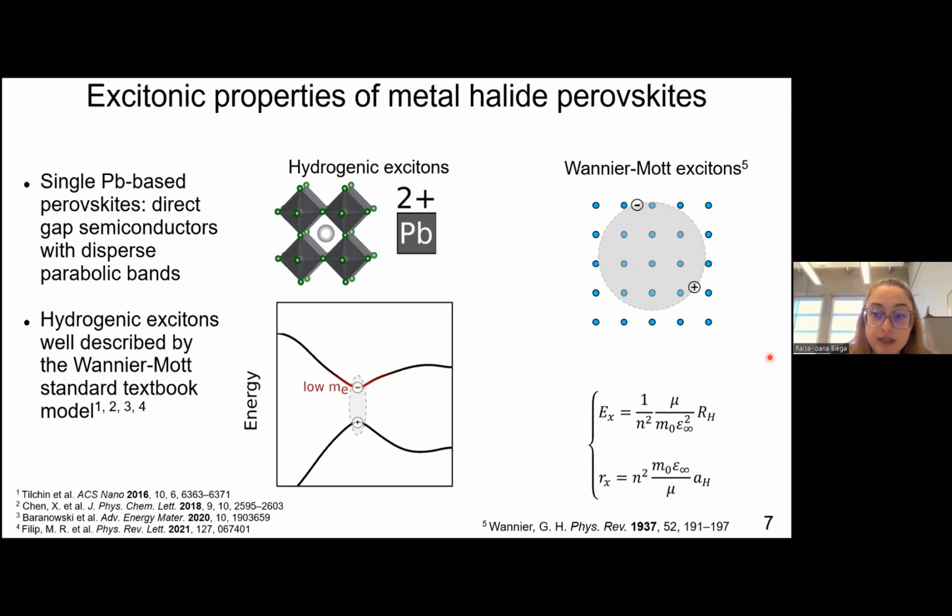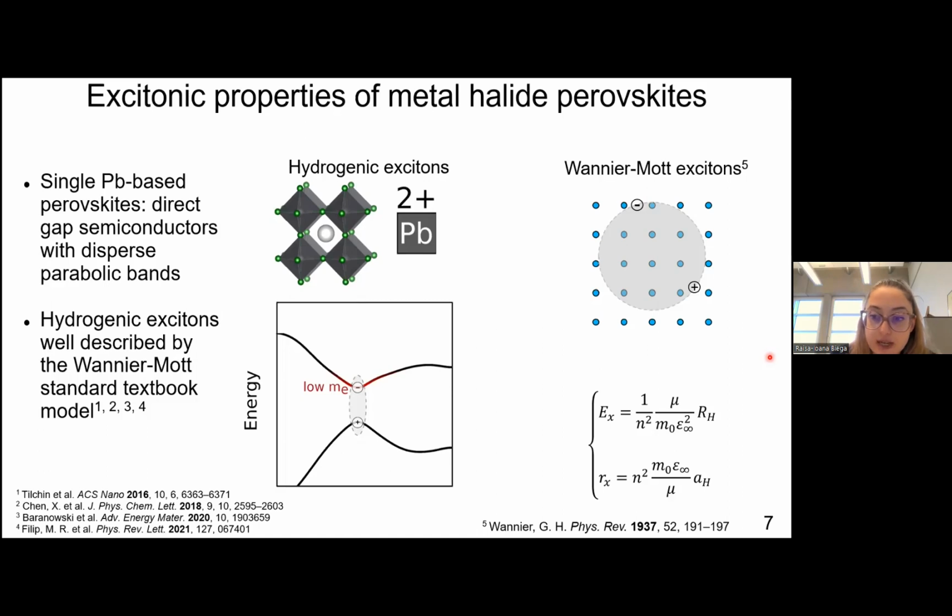Another important point that I have to mention is that the exciton binding energy in those lead-based perovskites is small, in terms of 50 meV. But that is not true for double perovskites.